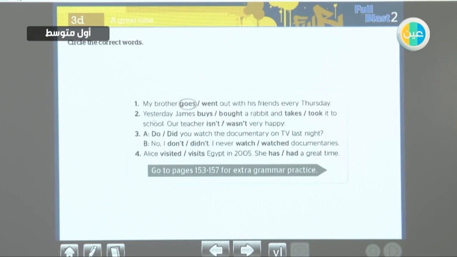Sentence 2. Yesterday James buys or yesterday James bought a rabbit. We have the expression word yesterday. It happened in the past. So, are we going to use the verb buys or bought? Excellent. Bought.